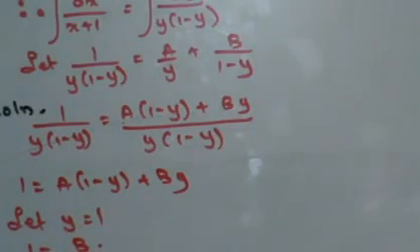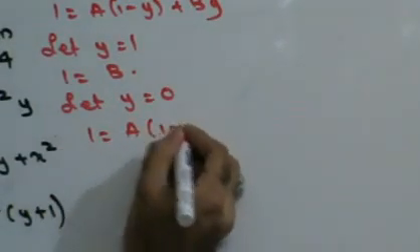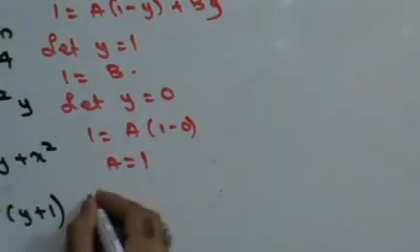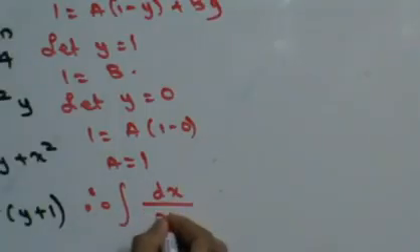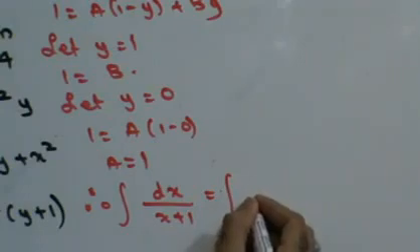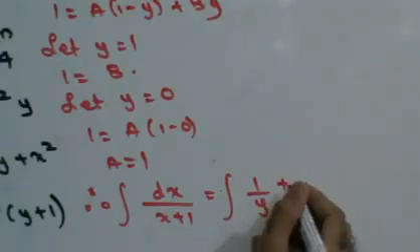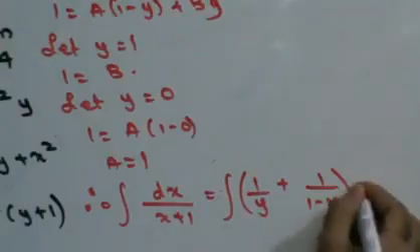Next I want to make the second bracket 0, so you will say let y be equal to 0, so I'll get 1 is equal to a(1 - 0), so a is 1, right? Therefore you can say that integral of dx upon (x + 1) is equal to integral of a upon y, 1 upon y, plus b upon (1 - y), b is also 1, dy.